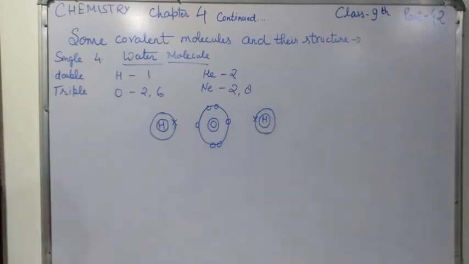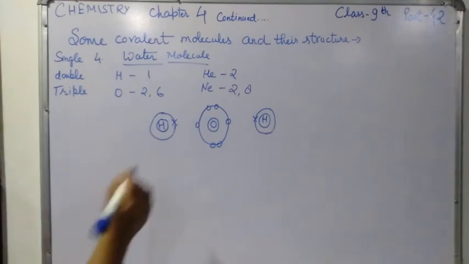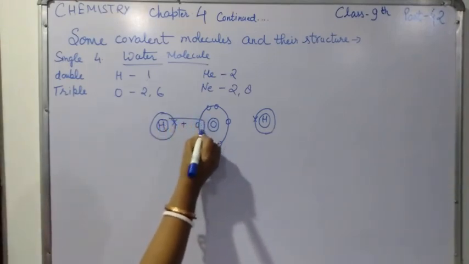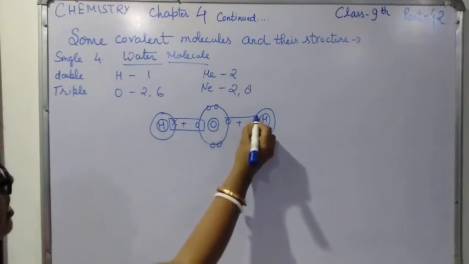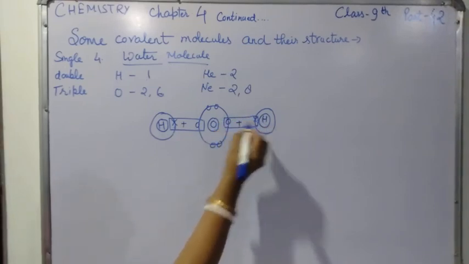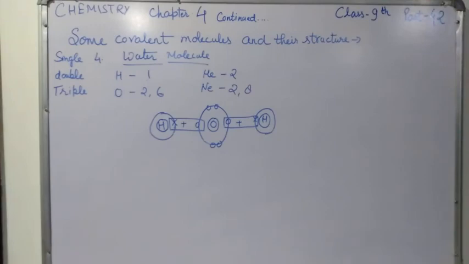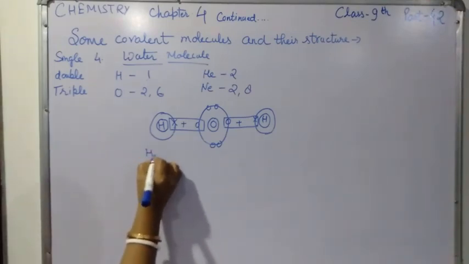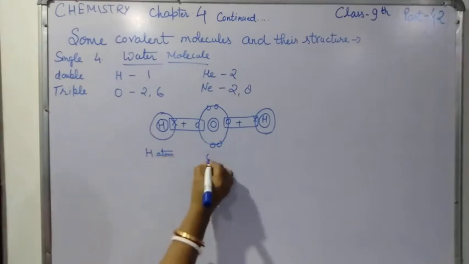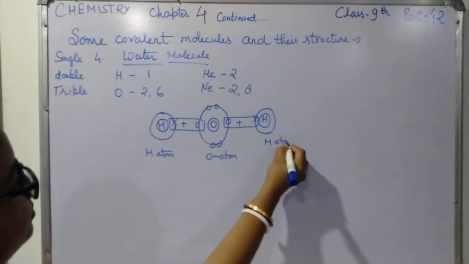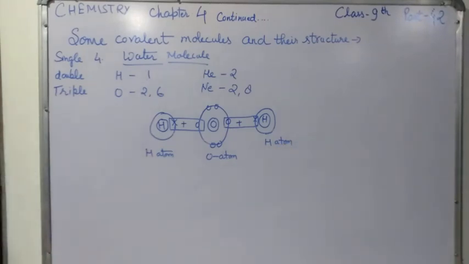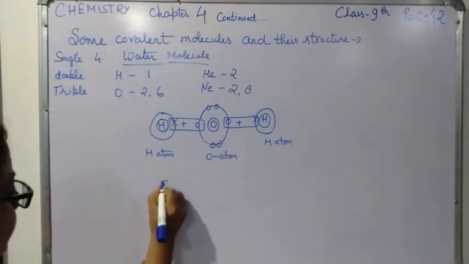Now you combine it with the oxygen atom, and this oxygen is also combining with this hydrogen atom. So this is the structure before combination: this one is a hydrogen atom, this one is an oxygen atom, this one is a hydrogen atom. Now after combination, what will be the structure?